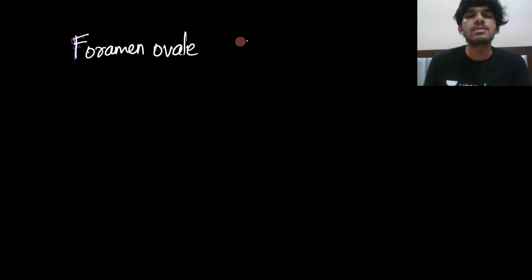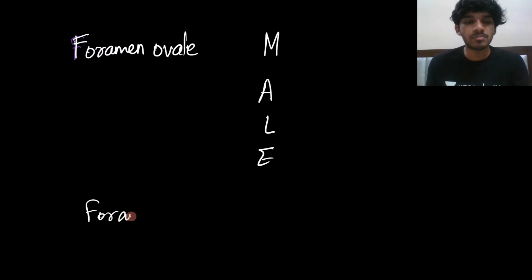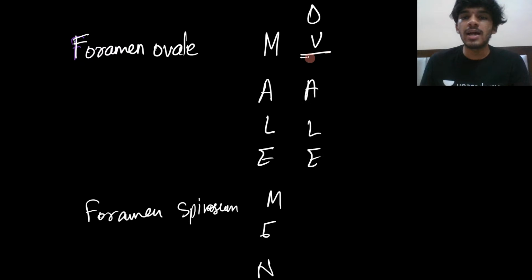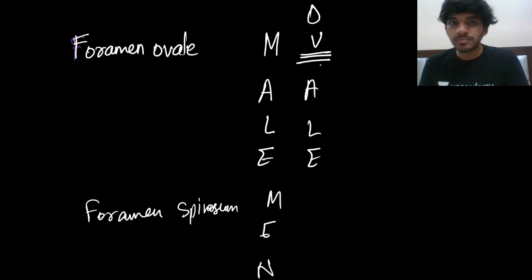The mnemonic here is male, and for foramen spinosum is men. Now if I replace this M, I can also write it as OVALE. So this is the mnemonic I am going to use because this is a little better.